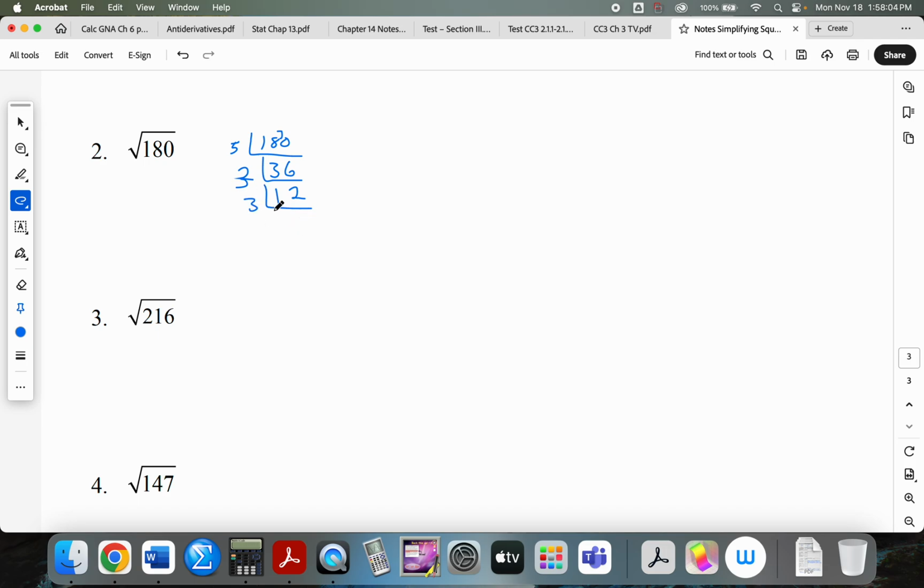We can do 3 again, and that gives us 4. 2 goes into 4 twice, and 2 goes into 2 one time. So I've got the square root of 2 times the square root of 2 is 2. The square root of 3 times the square root of 3 is 3. And I still have a square root of 5 left. This is 6 square roots of 5.